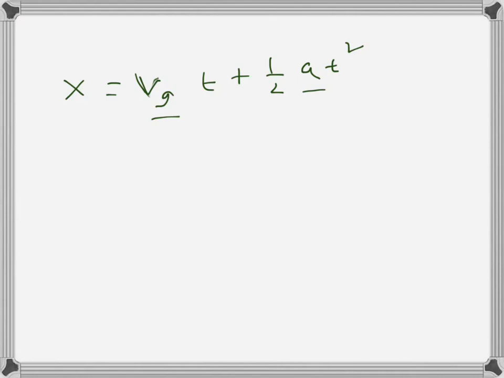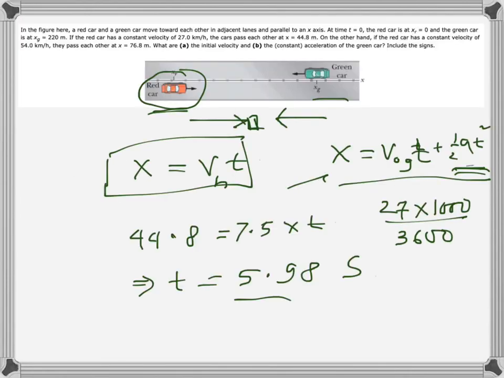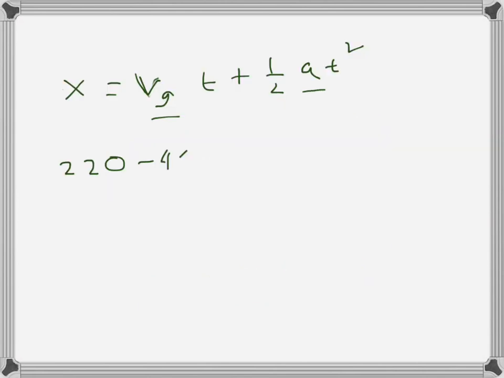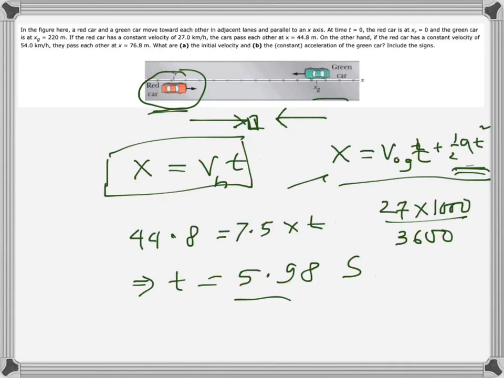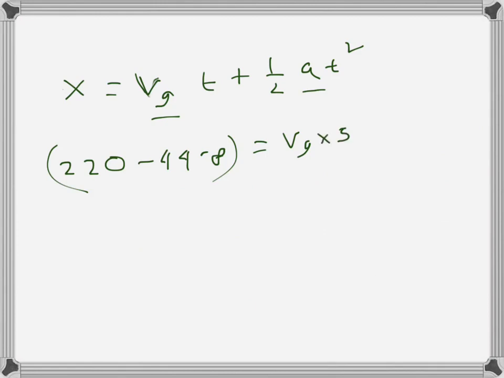And what we don't know is what is x. We actually know because the total separation between these two is 220. So 220 minus 44.8 will be the distance that the green car has traveled. So that will be vg times t, here 5.98, plus half a times 5.98 whole square.